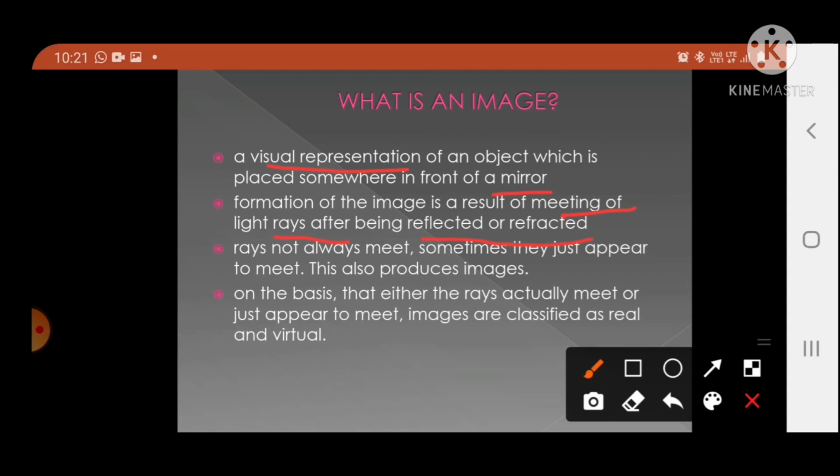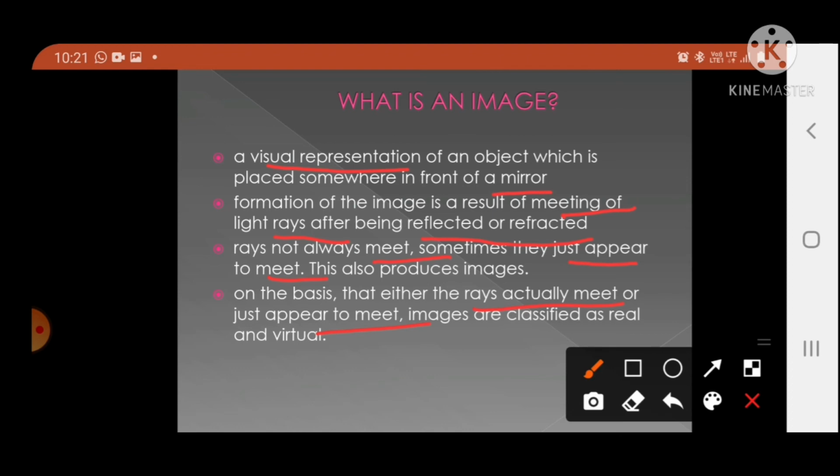These two terms will be differentiated in the next module. The rays not only meet, sometimes they just appear to meet, and this also produces an image. So on the basis of whether the rays actually meet or just appear to meet, images are classified as real and virtual.